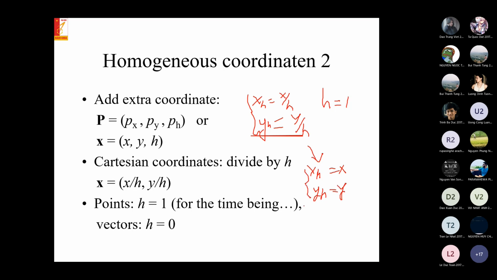So the two systems are the same. So the expression of the point P xy will be equal to P with x, y, and 1. So we call this a homogeneous coordinate system.